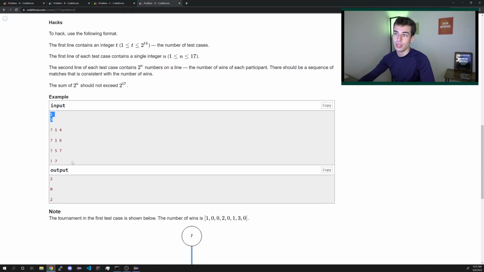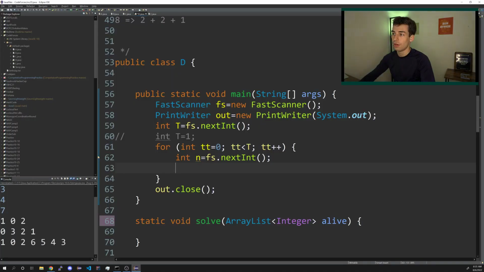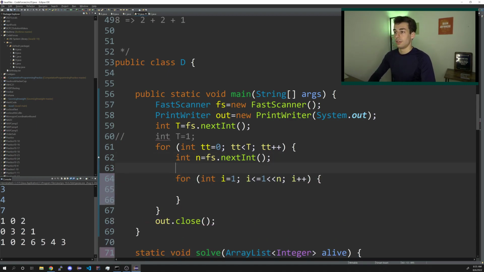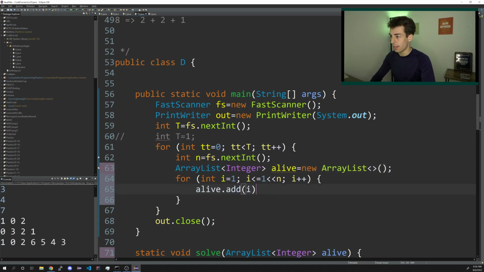Initially we have 1 to 2 to the n, right? So for int i equals 1, i is less than or equal to 2 to the n, i plus plus, ArrayList integer alive, new ArrayList. We'll say alive.add i. Then we'll say solve alive.